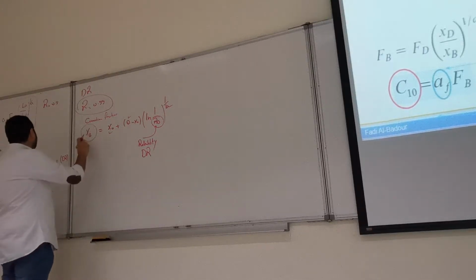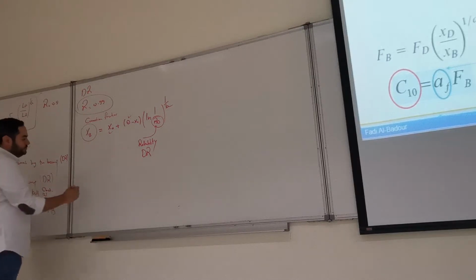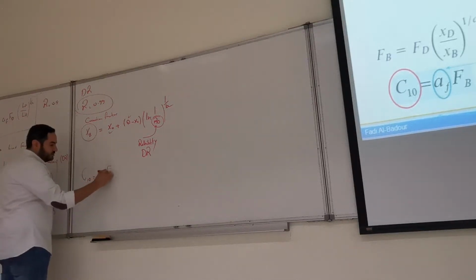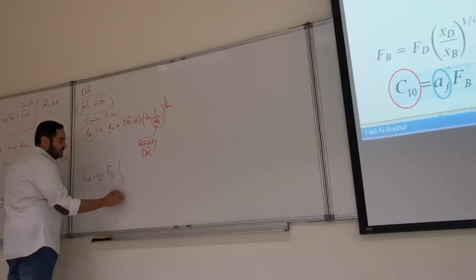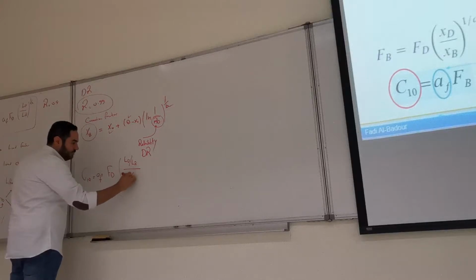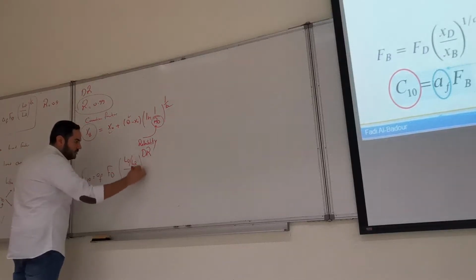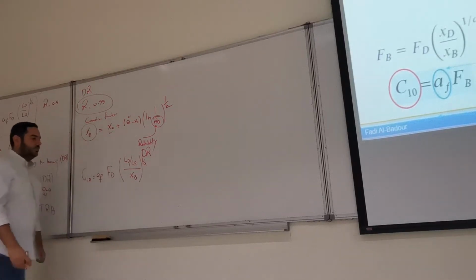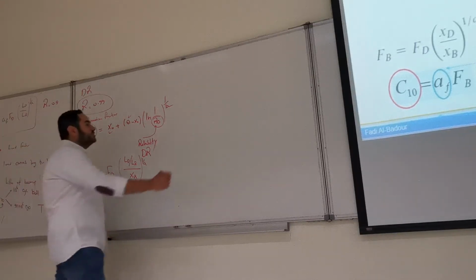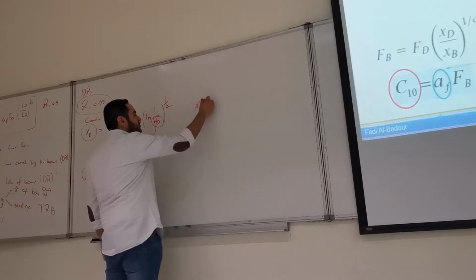Where does this fit in the equation? C10 is equal to the application factor, times the desired load, times LD over LR, all divided by XP. When we calculate XP, you'll notice that XP is always less than 1.